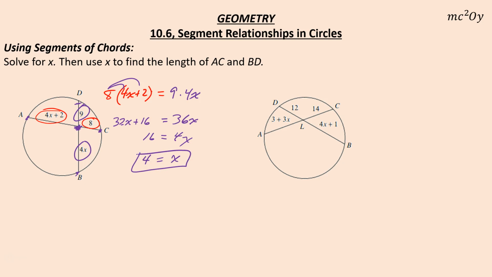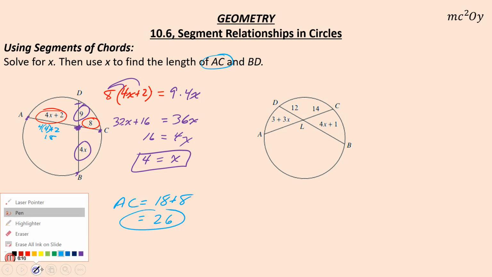And if x equals 4, and I'm solving for AC, well, AC is this entire length. So 4 times 4 plus 2, that gives me 18 plus 8. So this side, AC, would equal 18 plus 8, or 26.